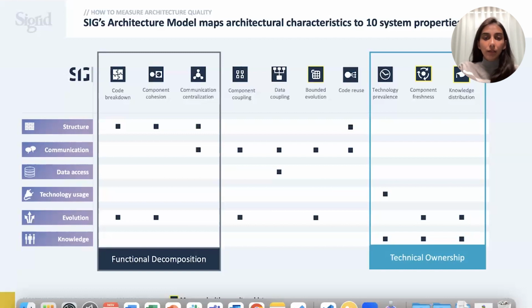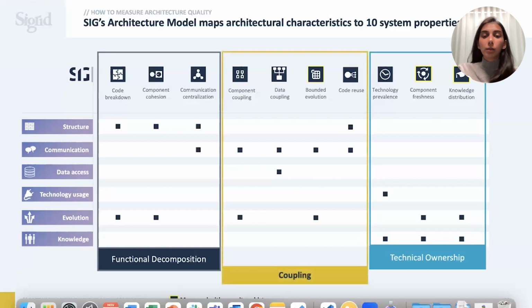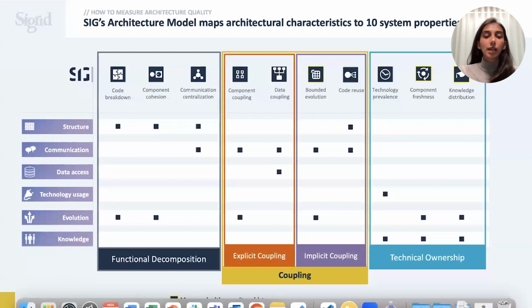And then the central ones are about coupling. These can further be divided into two categories, explicit coupling and implicit coupling. Explicit coupling stands for the coupling that you can see, that you can find in the code base directly. So there's a call from component A to B, and you can find it. This is what we term explicit coupling.